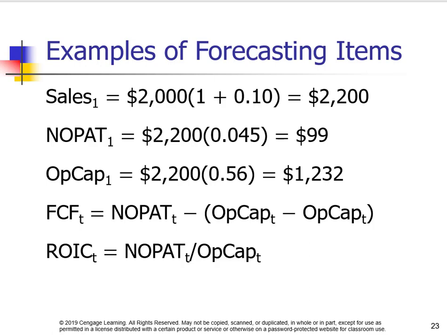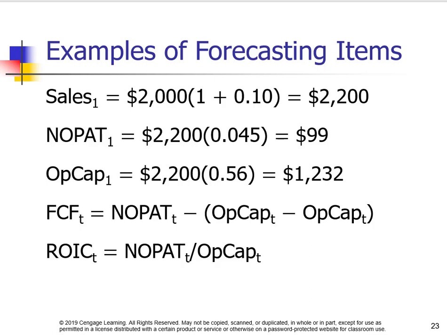Operating capital is established that we need around 56% of our sales. We need to have that in operating capital. So that means we need $1,232 of capital in order to sustain this level of sales. Now, free cash flow is that NOPAT number minus the change in operating capital, operating capital at T minus the operating capital at T minus 1.